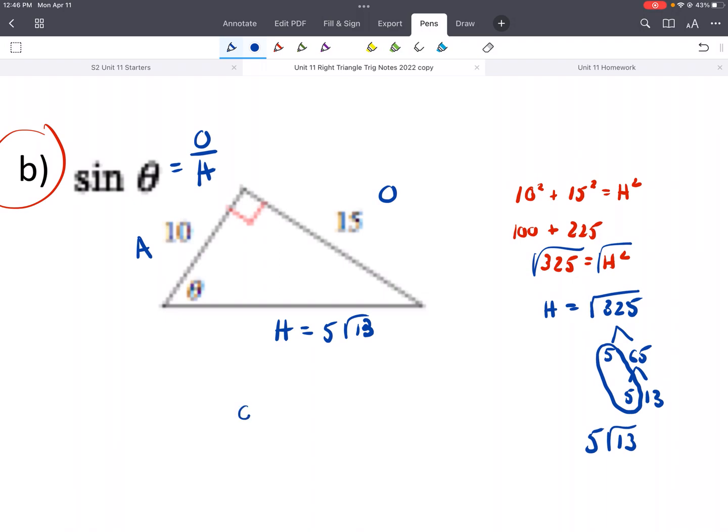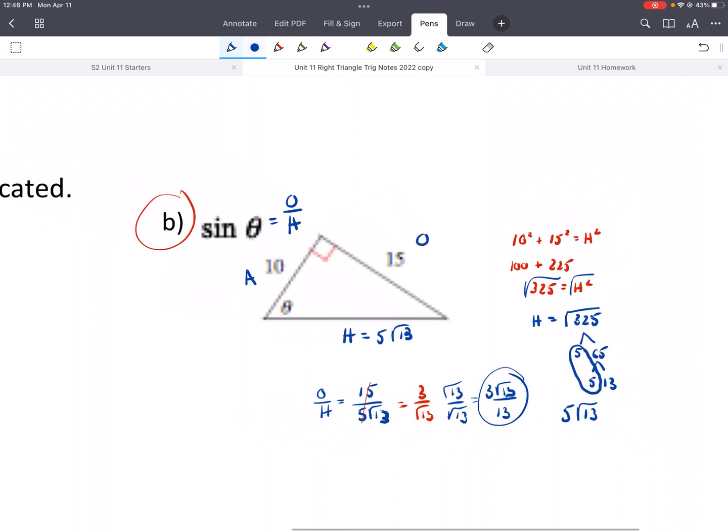It's O over H, which is 15 over 5 square roots of 13. And then we can simplify this. That gives you 3 over the square root of 13. And then we just rationalize it. So 3 square roots of 13 over 13.